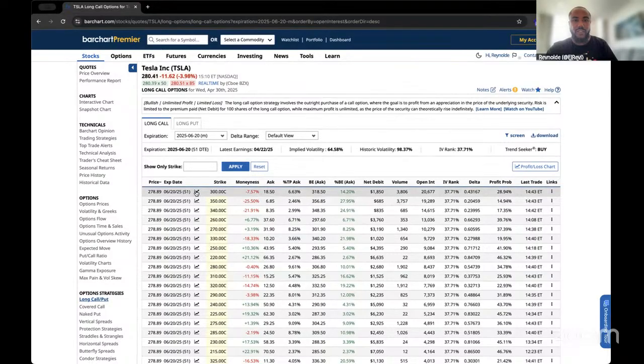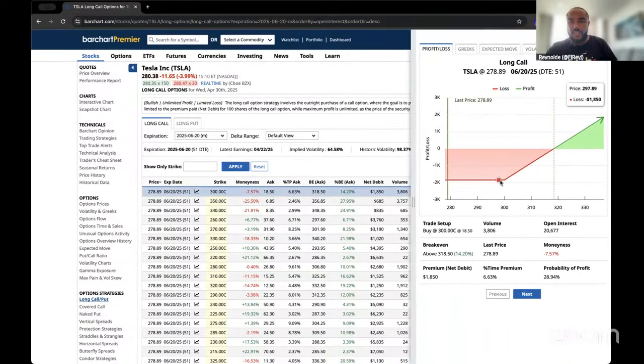You can see this one is 1850 on the ask. So if we go down on this trade, the most we can lose is this 1850 that we paid for this particular premium. When you're doing these long calls and long puts, you can only lose as much as you put in, but the gains can be unlimited. As Tesla's price breaks over that 300, we'll then begin to break into profits for this particular trade.